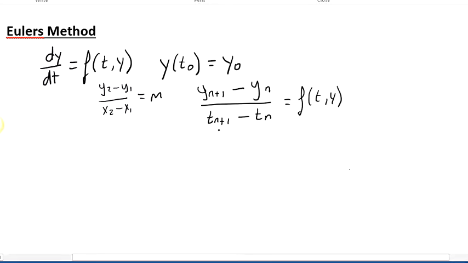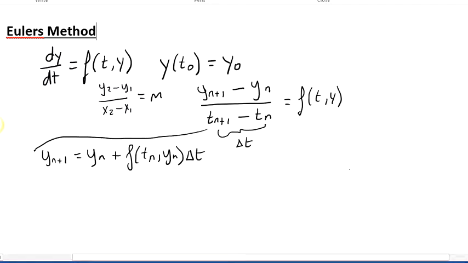Now, the difference in t's we'll call delta t. And so we can rewrite Euler's equation as y sub n plus 1 equals y sub n plus f, the slope, evaluated at this step, t sub n, y sub n, times delta t.